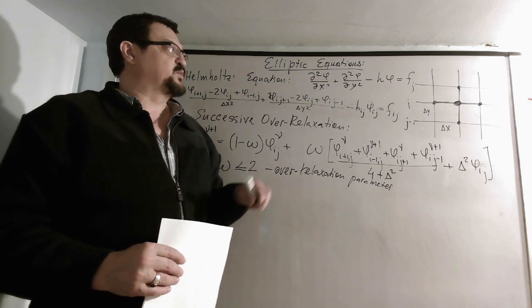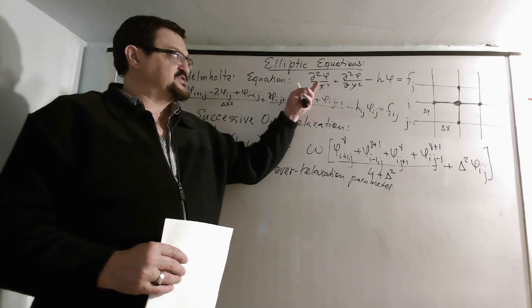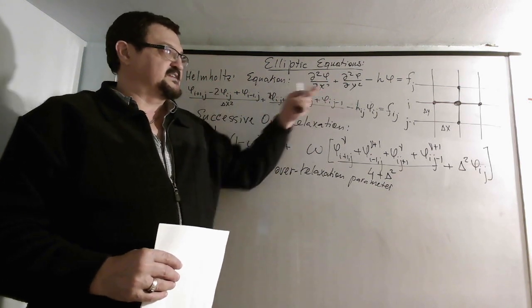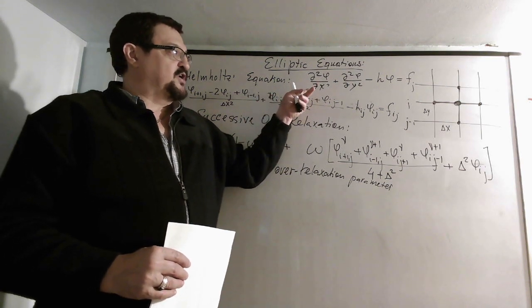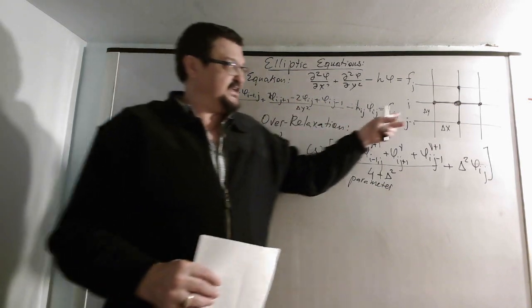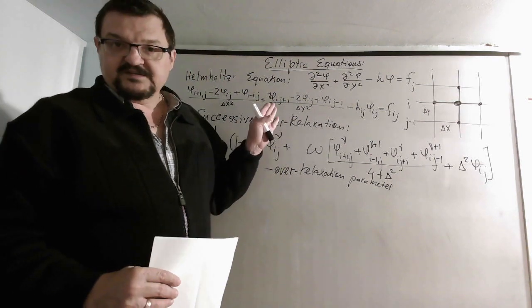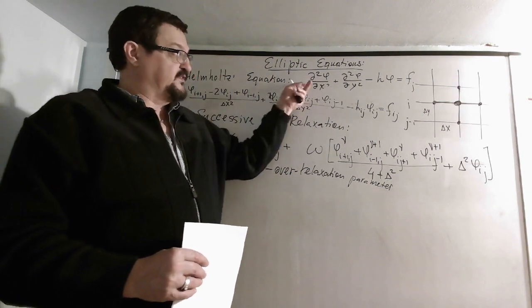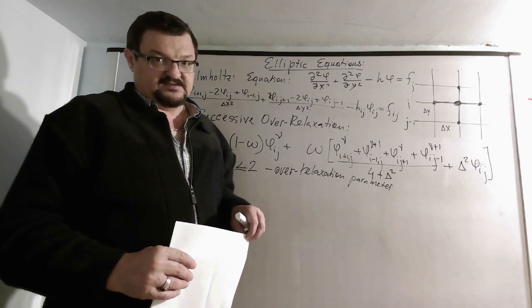Namely, it works when you have an elliptic equation like the Helmholtz equation, but your delta x and delta y are constant, not necessarily the same, so delta x can be different than delta y, but they should be constant everywhere. And also coefficients should be constant, not changing in x and y.